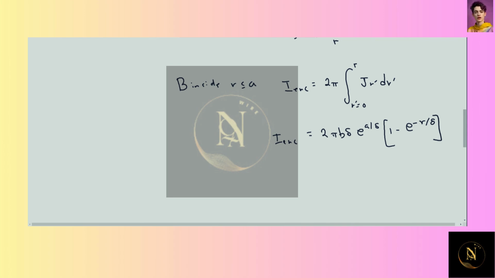And now we can do a little bit of substitution. This part out in front looks like the same thing that's in I total with some exponential stuff divided out.